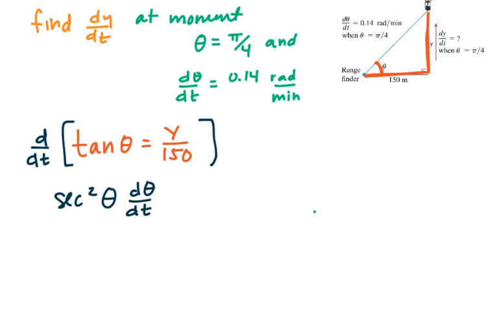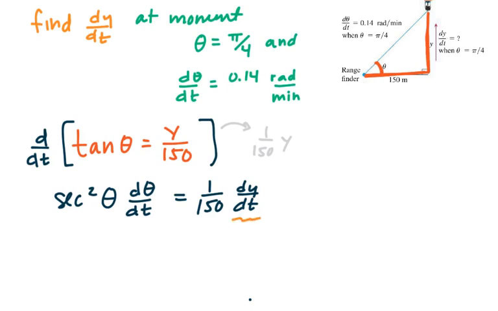And the derivative with respect to t of y over 150, and keep in mind y over 150 is the same as 1 over 150 times y, so that derivative is just going to become 1 over 150. And I took the derivative of y, so I write dy/dt. So this is my rate of change, my derivative equation. And I'm being asked to find dy/dt.